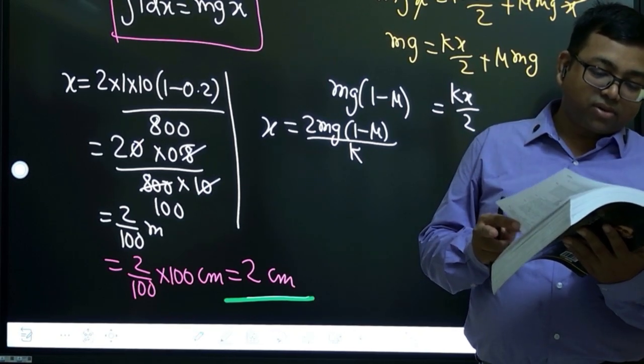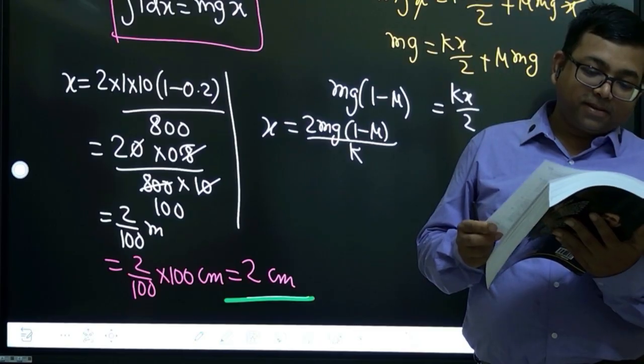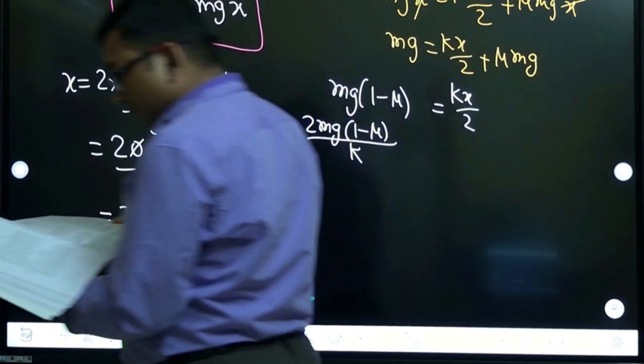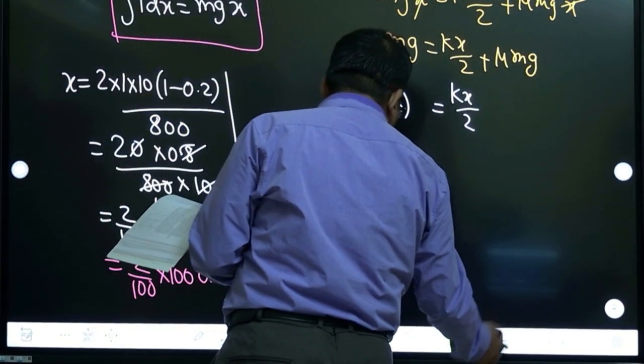One question we solved on this, now another type of question. Okay, let's try one more question. It's a multi-correct question. Multi-correct means more than one option is correct. An object of mass 2 kg is left to move along a horizontal surface.